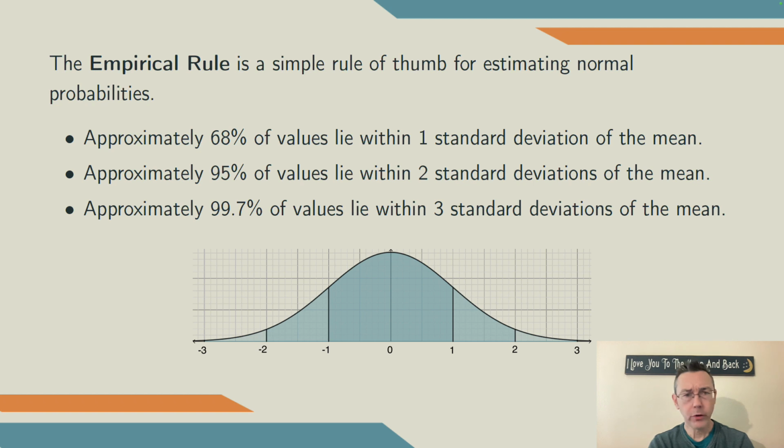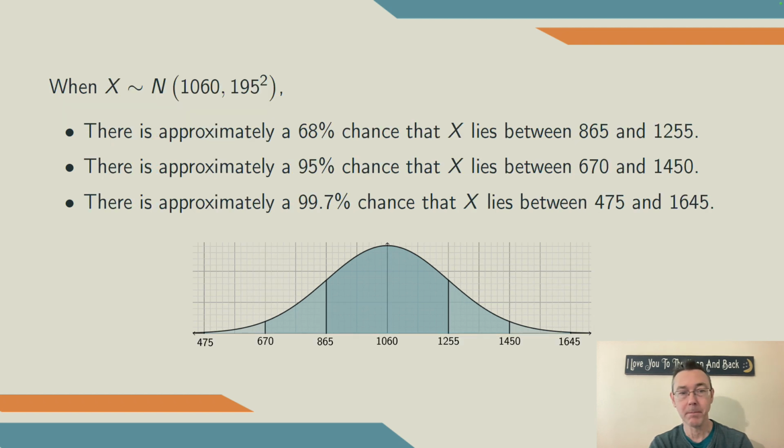The empirical rule is a simple rule for estimating normal probabilities. And it says that about 68% of values lie within 1 standard deviation of the mean, 95% of values, approximately, lie within 2 standard deviations of the mean, and approximately 99.7% of values lie within 3 standard deviations of the mean.